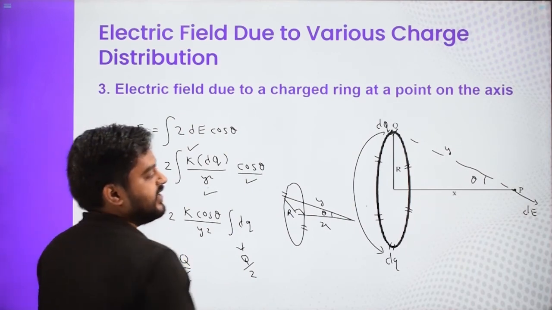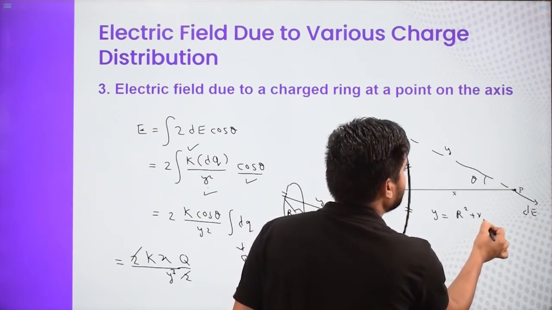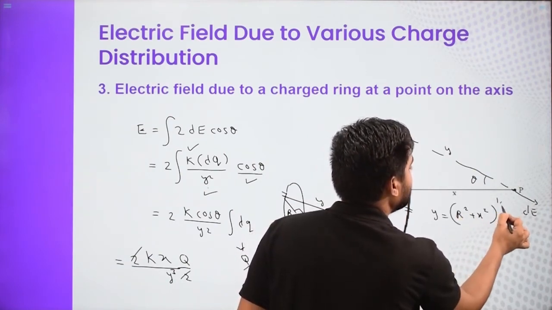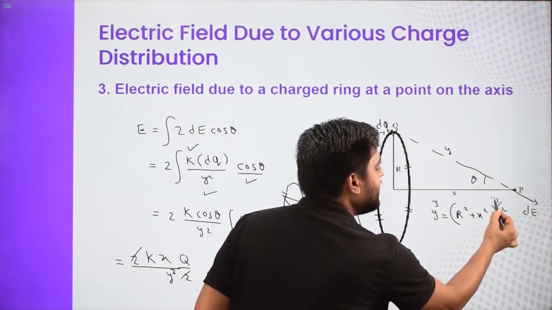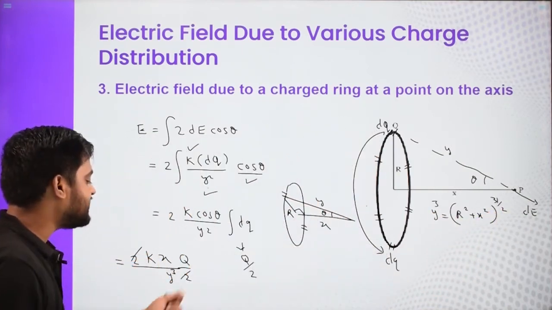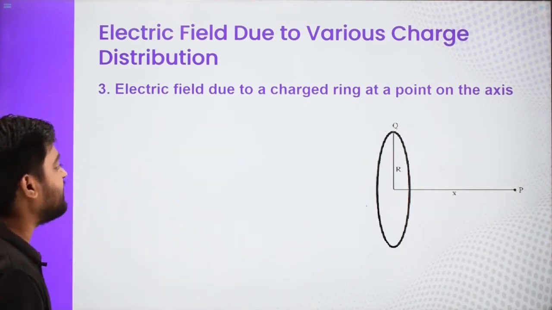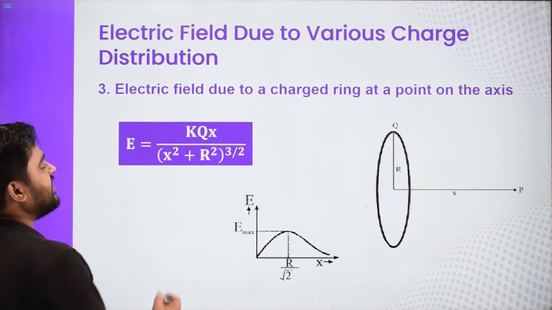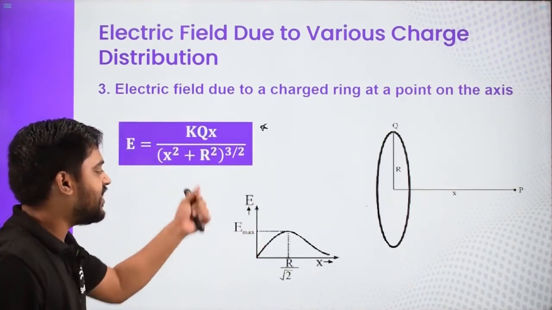Now what is y? y is nothing but r square plus x square raised to power half, and we need y cube, so y cube is nothing but power 3 by 2. So our final formula is kqx divided by x square plus r square raised to power 3 by 2.